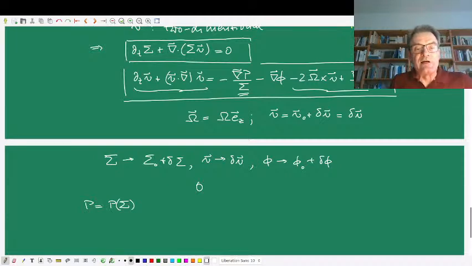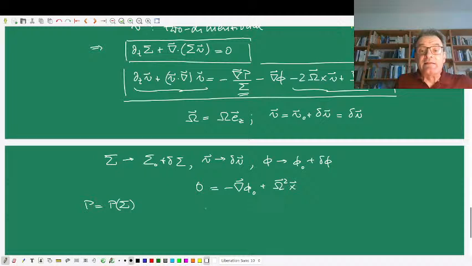You know, in three-dimensional hydrodynamics, we had pressure is a function of density, P of rho. Now we have P of sigma. All right, so the gradient vanishes, and on the right-hand side, the only thing that we will have left is gradient phi 0. Velocity is 0, so the Coriolis term also vanishes, and then we have plus omega square times x.